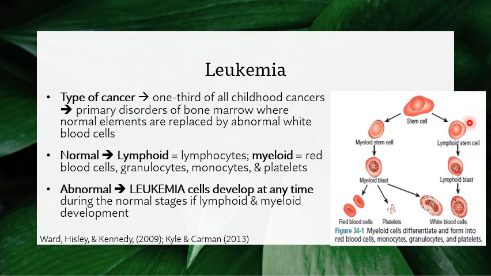The lymphoid becomes lymphoid blasts and then builds the white blood cells. The myeloid builds the myeloid blasts, and there will be red blood cells for sure, and we have platelets and white blood cells. Then, suddenly, the leukemia cells develop at any time, and ta-da, we have leukemia. So that's the abnormal condition.